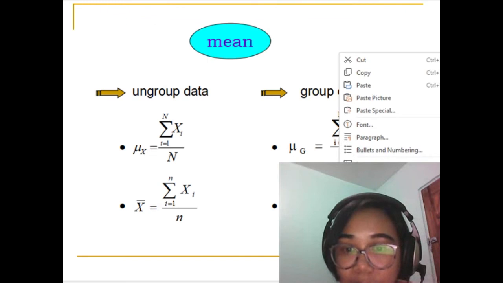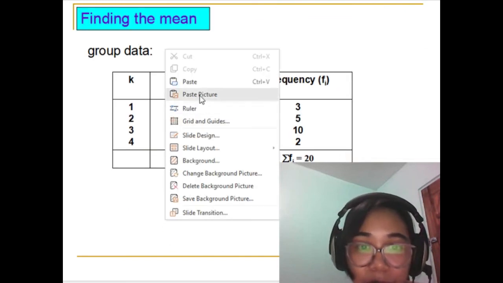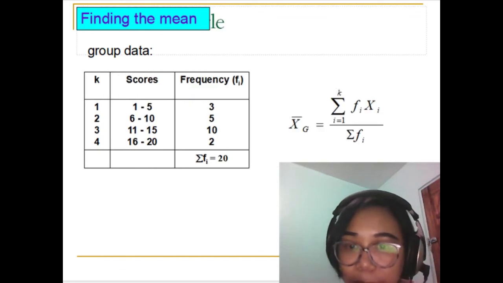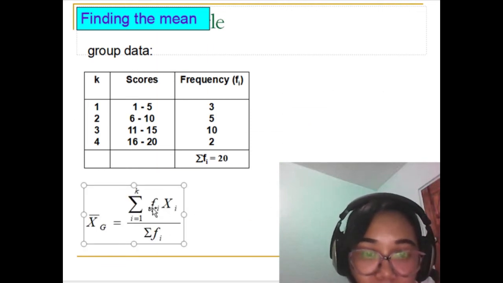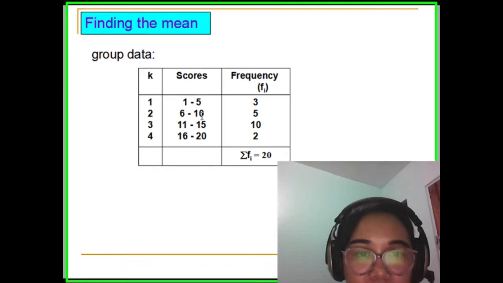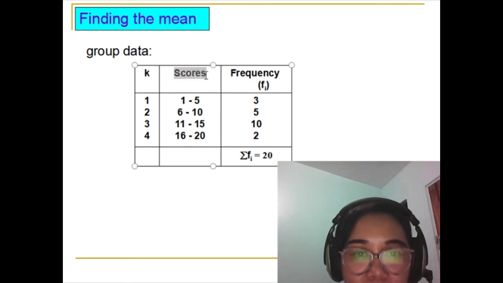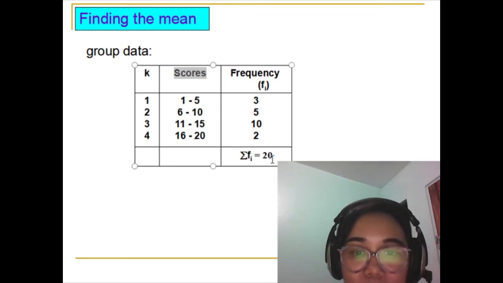Recall that this is the formula for calculating the mean given grouped data. Let us use this example to calculate the mean given a group data, or a data set in a frequency distribution. Say we have here scores of the students in a particular test.